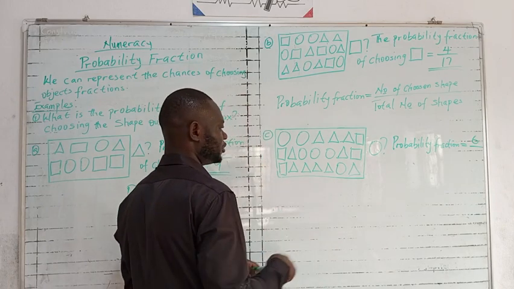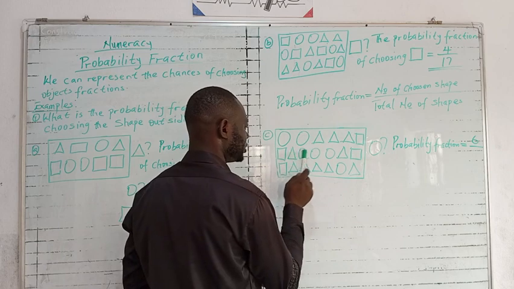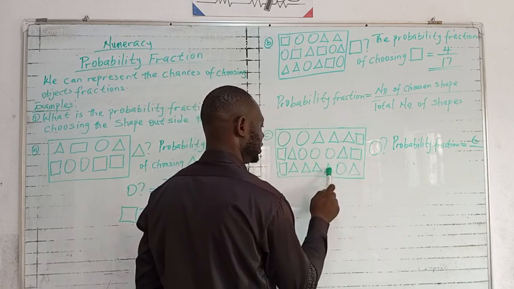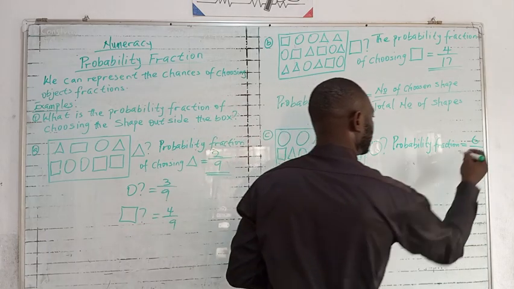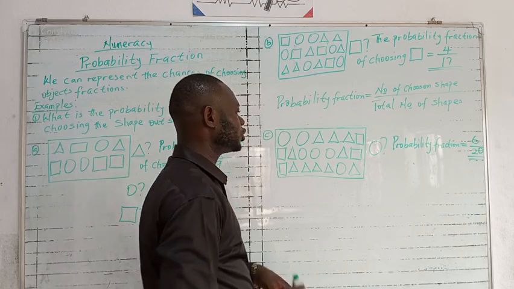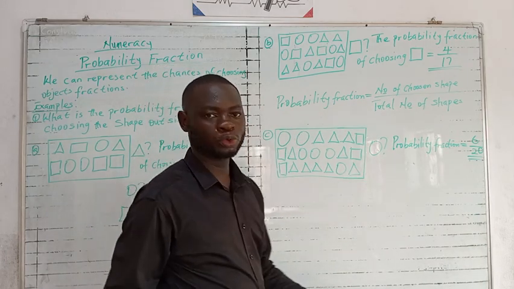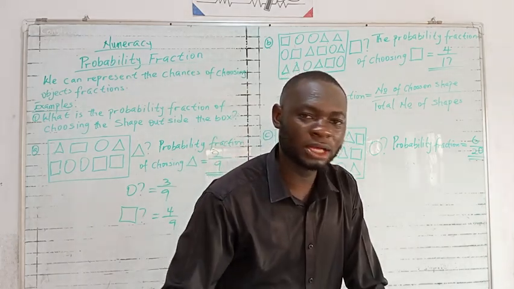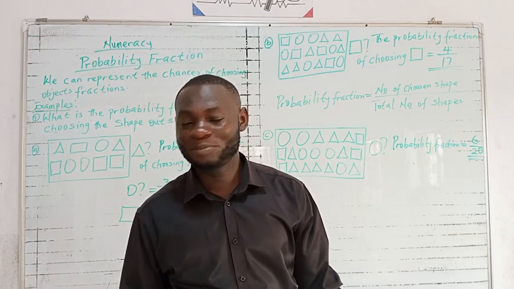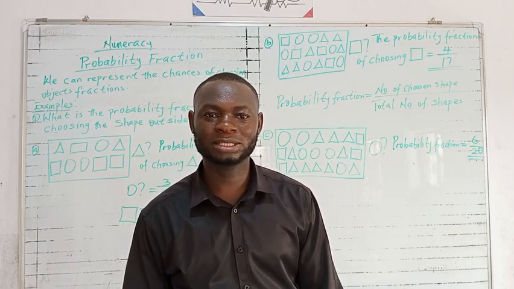What is the total number of shapes? 1, 2, 3, 4, 5, 6, 7, 8, 9, 10, 11, 12, 13, 14, 15, 16, 17, 18, 19, 20. So the probability fraction of choosing a circle from this box is 6 over 20. Okay? So you see that probability is a very sweet concept in mathematics.